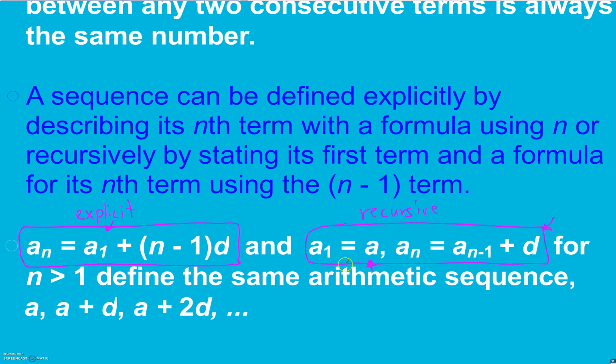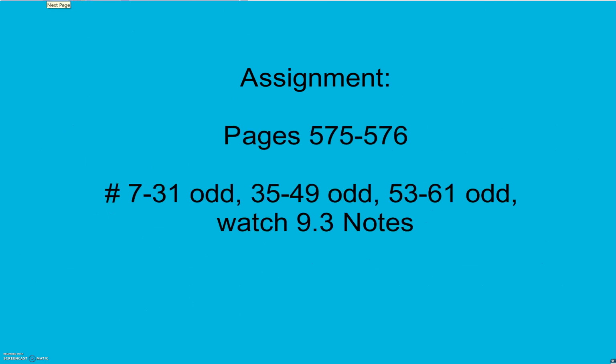In recursive, to get a term, we take the term before it and add our common difference. Then we take that term, add a common difference. The term before, add our common difference to get the term we're looking for. And these both can give us the same sequence, just different ways. And there are your problems.